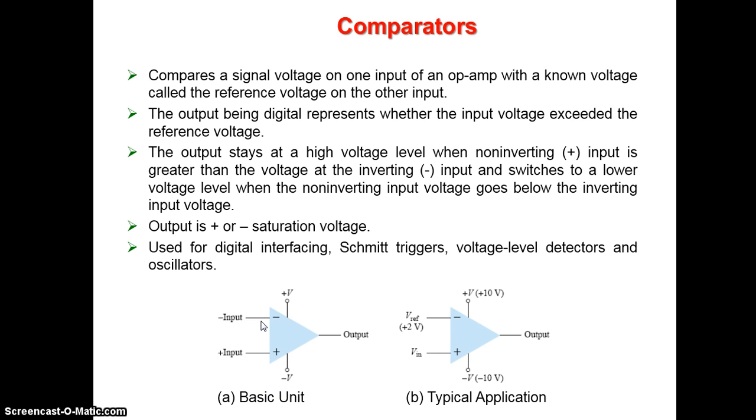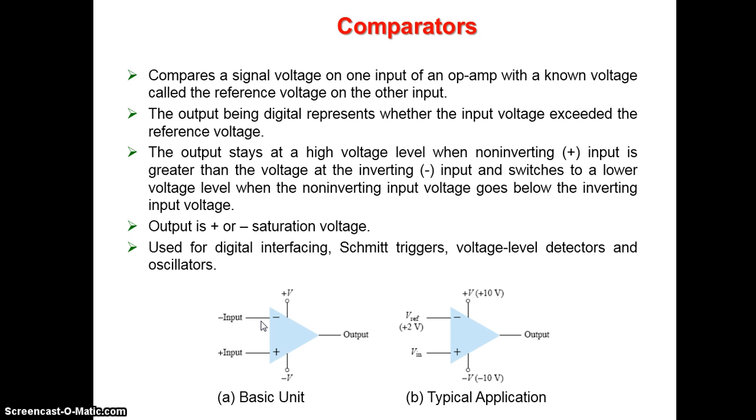This type of circuit is used in digital interfacing, Schmitt triggers, voltage level detectors, and oscillators. Many applications are there for comparators. Whenever we take a circuit for a mini project, at least one or two comparators will be there. Most circuits contain them.